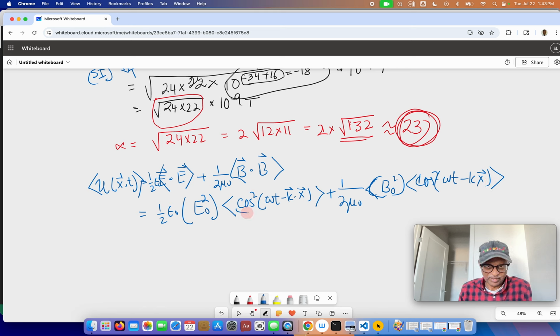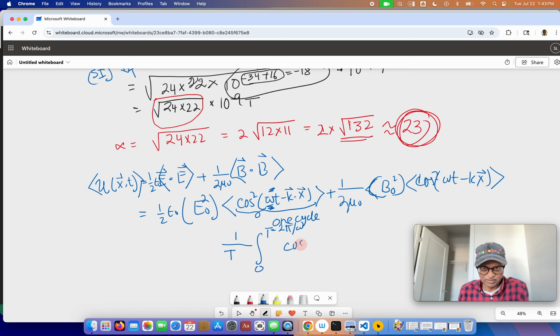Now, if you average this over one cycle, this average will be 1 over one cycle, say over time, average it from 0 to 1 cycle, this will be 2 pi over omega times cosine square of omega t minus k dot x. So you just pick a fixed position and just do it for one cycle.